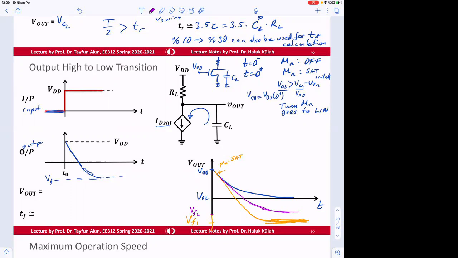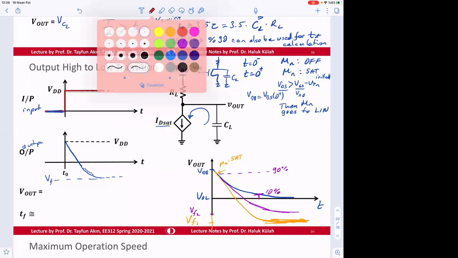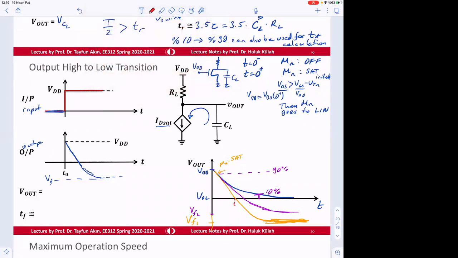Okay. But we typically do an estimation here. And then, you know, we say that this 10% compared to this 90% is something like, if this would be T1, this would be T2.